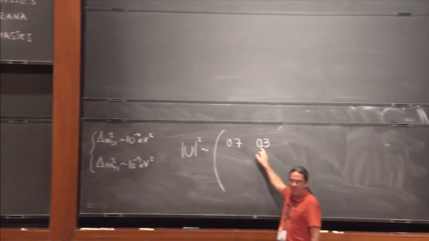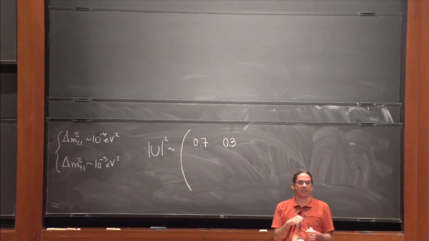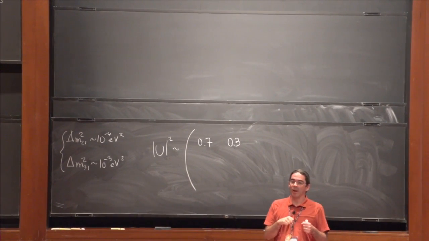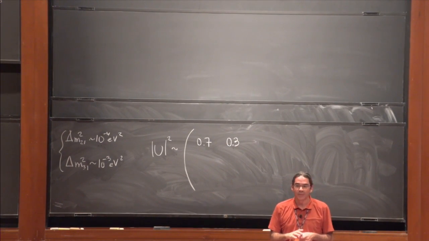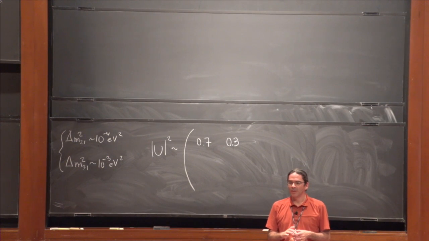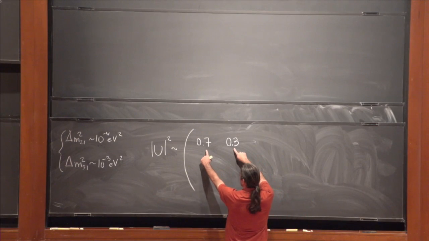Then there's another experiment which I didn't talk about, but it confirms the oscillation interpretation of the solar data. That's called the KamLAND experiment. This is a reactor neutrino experiment with a baseline of about 100 kilometers, which is a very crazy experiment that actually worked. And they measure the product of those two numbers really well.